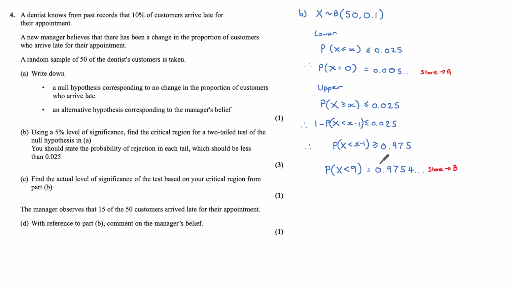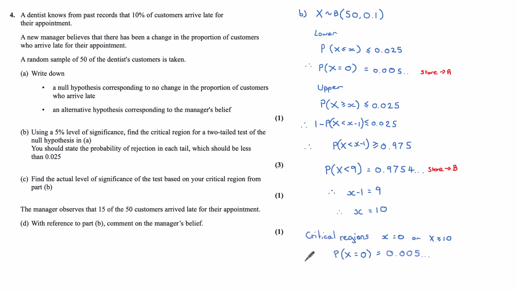So we found this value on our calculator to be 9. When x is less than 9, we've got a value of 0.9754, which we've stored as B on our calculator. So we have our x minus 1 value of 9, which means the value of x here is 10. So we're looking for x being greater than 10 in our critical region.